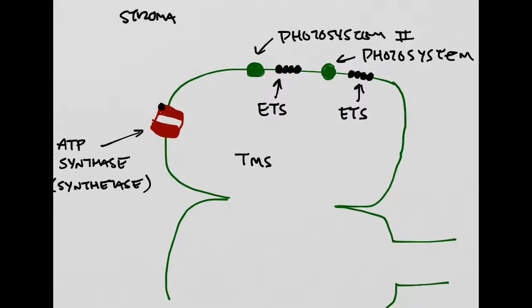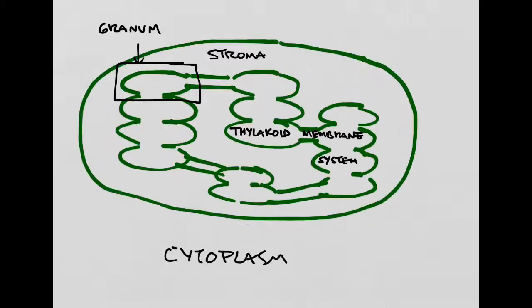That's the zooming in on the larger chloroplast. So you'd imagine that if I could draw it in here, I would, but there'd be a little ATP synthase here. You'd perhaps have a photosystem here, another photosystem here, and then you'd have a whole bunch of electron transport systems following them, covering all these grana all over the place.